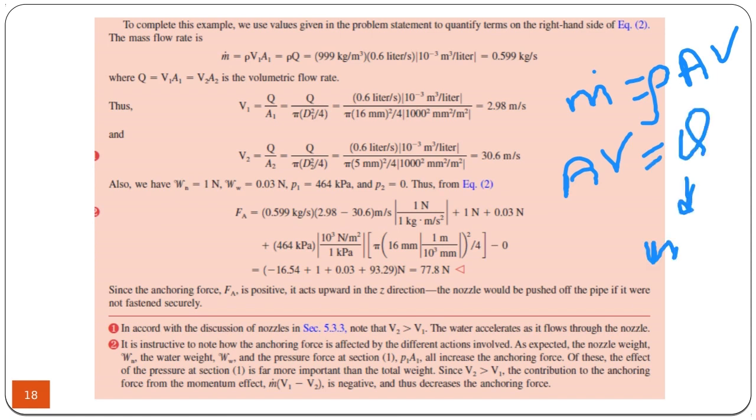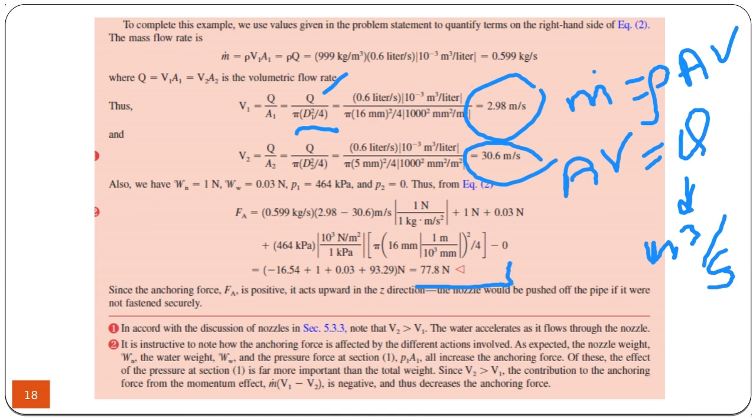So you are given the volumetric flow rate, you know the cross-sectional area, then you can calculate the velocities at the inlet and at the exit. Because it's a nozzle, you can see that it's accelerating because the cross-section is decreasing, it must accelerate. Then you can see that the force that the nozzle is applying on the system, faucet, is 77 Newton.